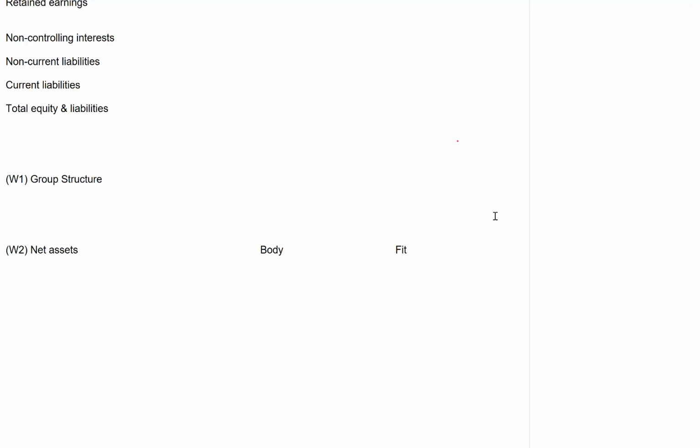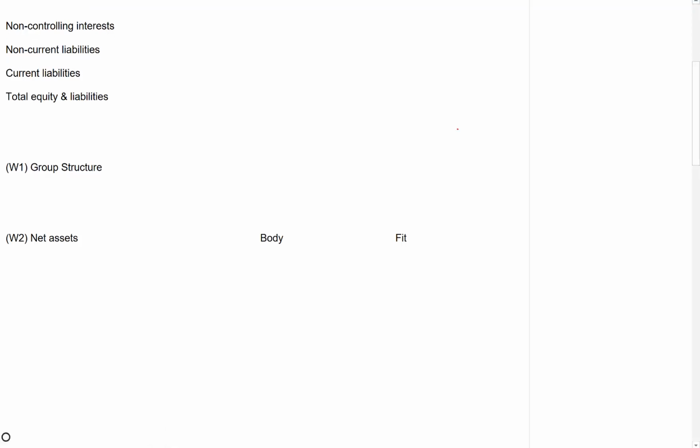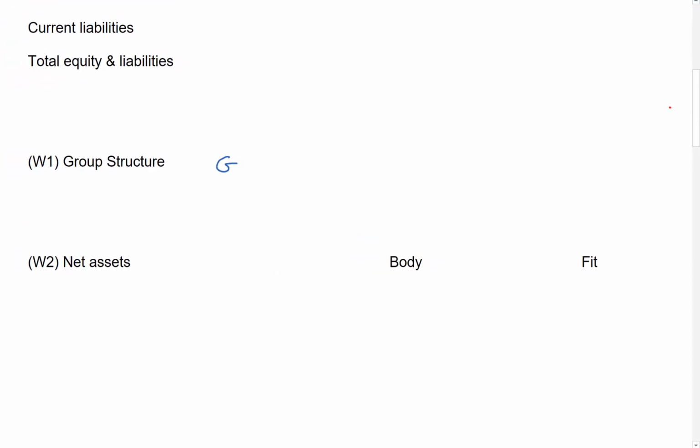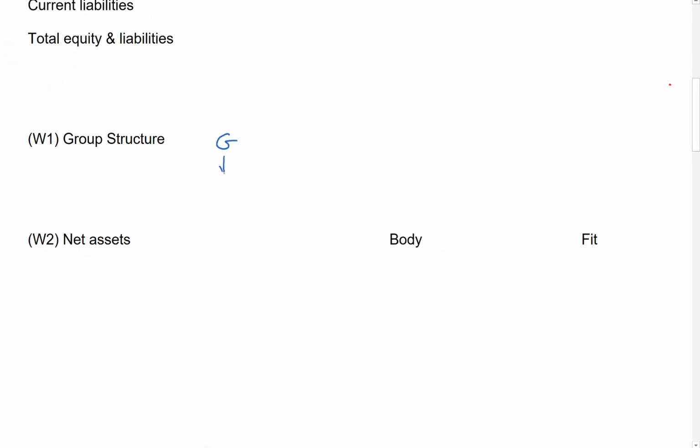So it says in note A that as far as our 3 companies are concerned, we've got the parent company called Glove. Glove has 80% of Body, and Body has 70% of Fit.